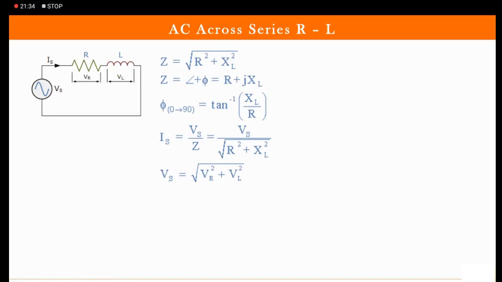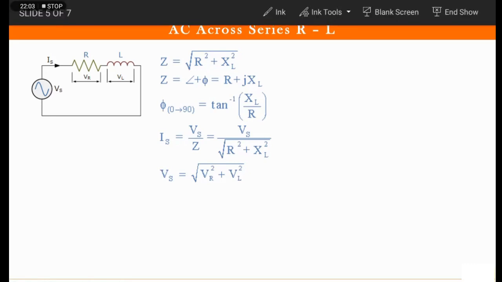This series current is given as the voltage upon the impedance. Now I cannot write resistance alone because now it has impedance. So Vs by Z, and we can place the value of Z here. Now if I wish to calculate the voltage, then again I have to calculate the vector sum. So how do I go about it?